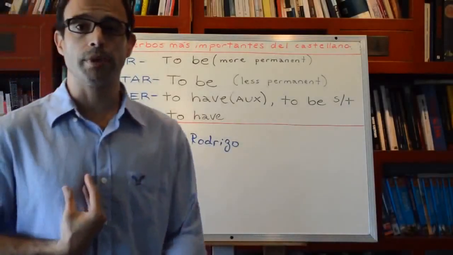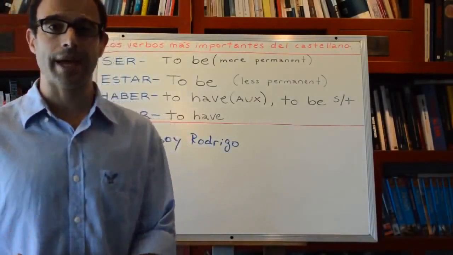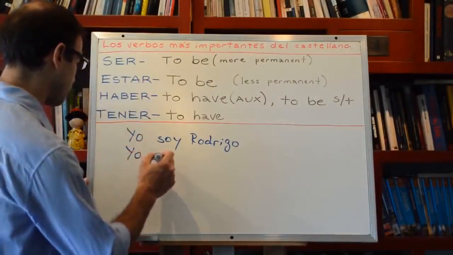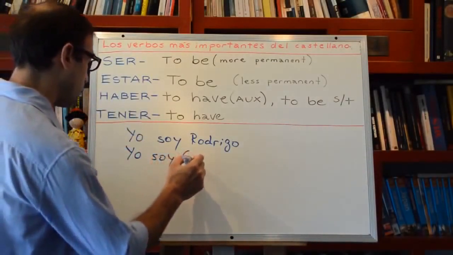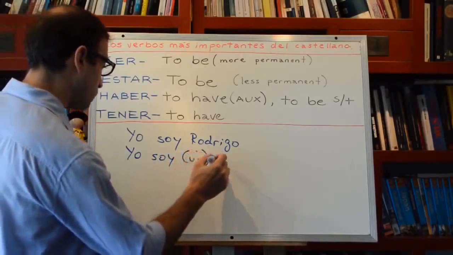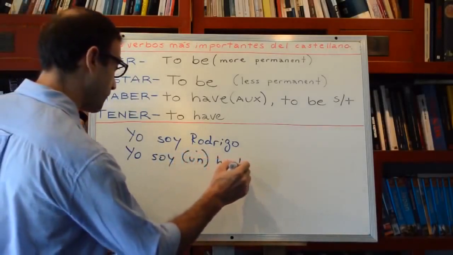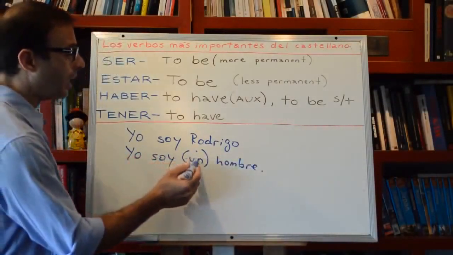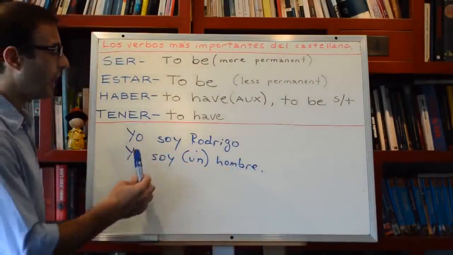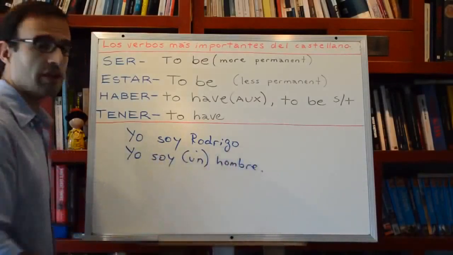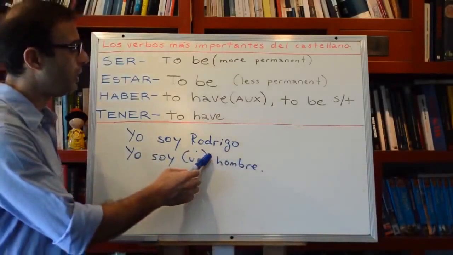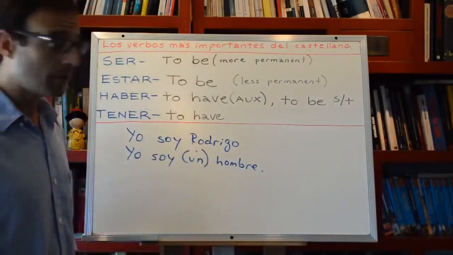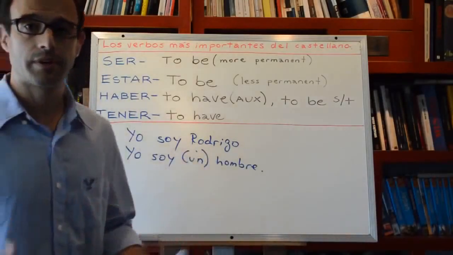Yo soy un hombre, okay? I am a man. Yo soy un hombre. Okay? I am a man. Or I can say I am man. In Spanish, if we leave out the article, right, it's a generic, okay?